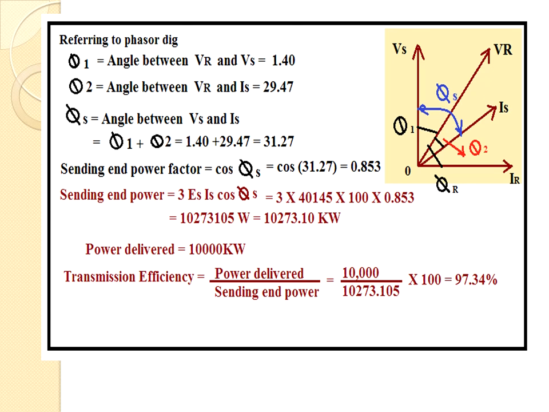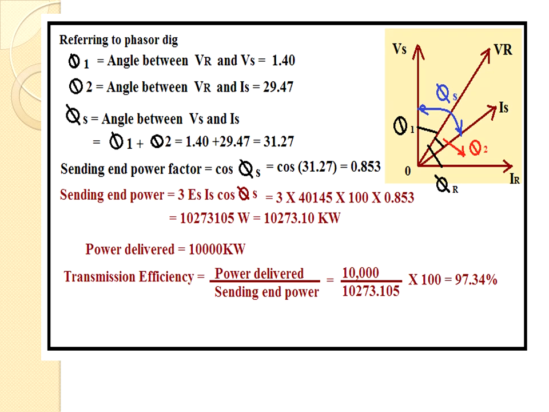Theta 1 is the angle between VR and Vs, that is 1.4. From the vector diagram, see there, theta 1, that is the angle between VR and Vs. Theta 2, the angle between VR and IS, 29.47.